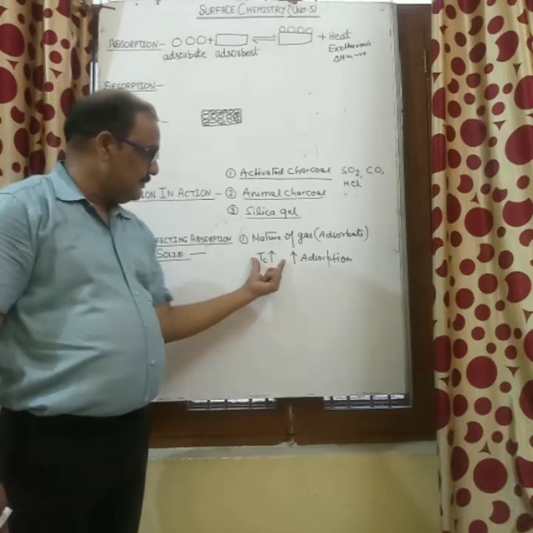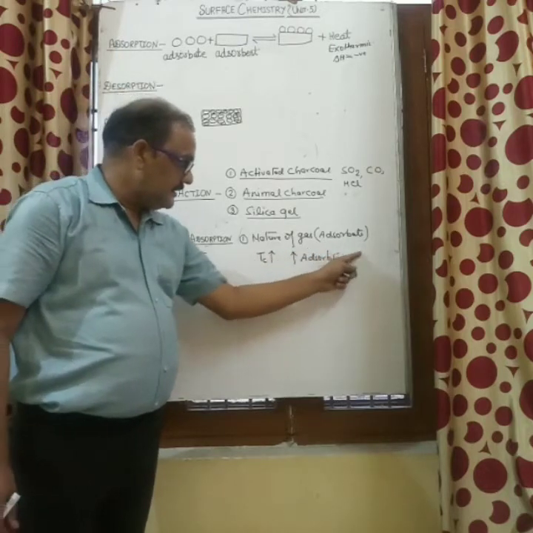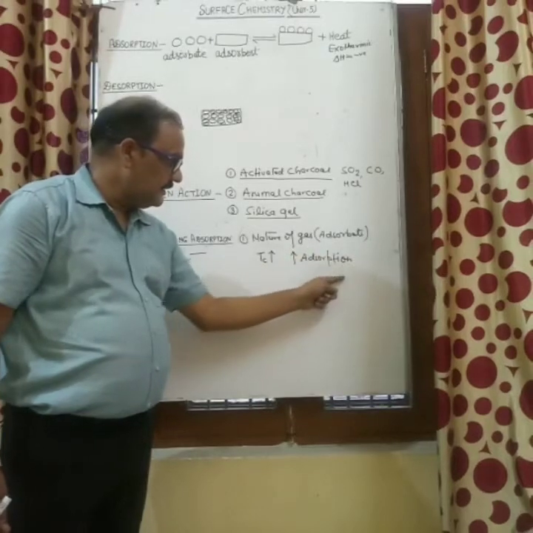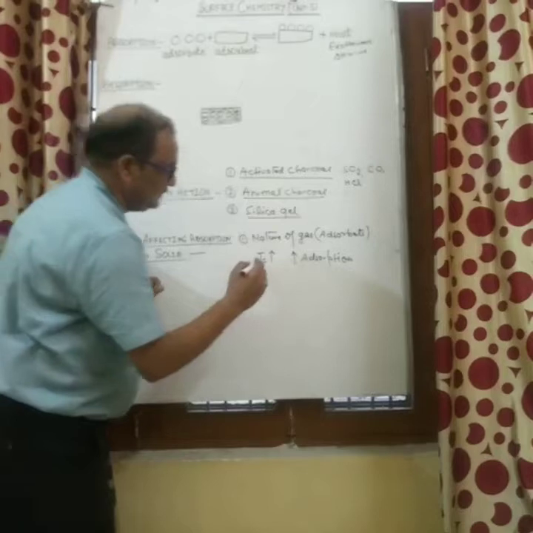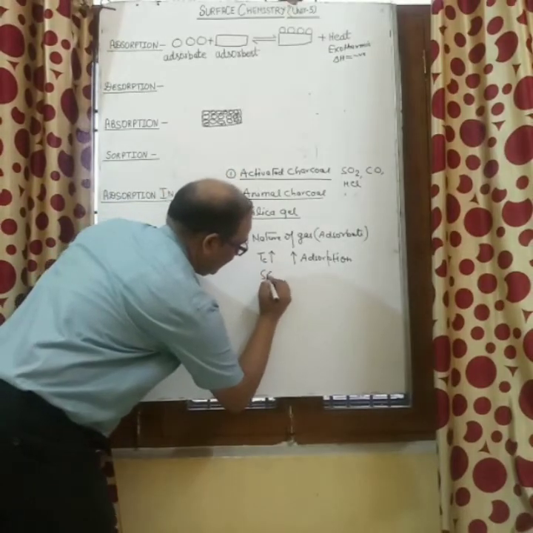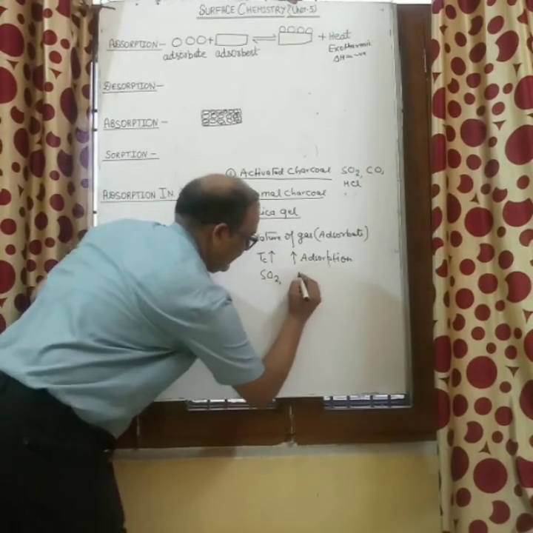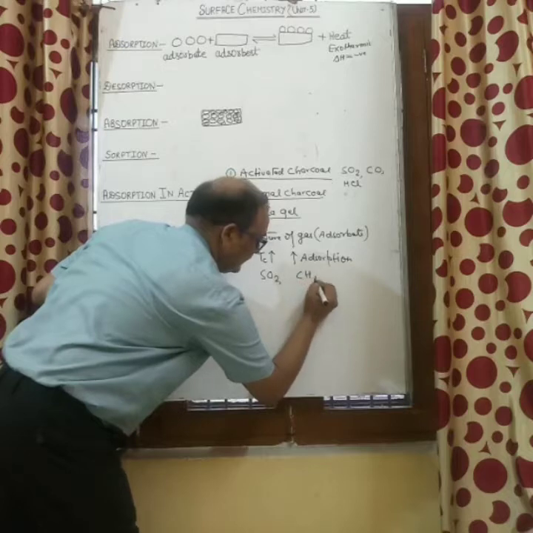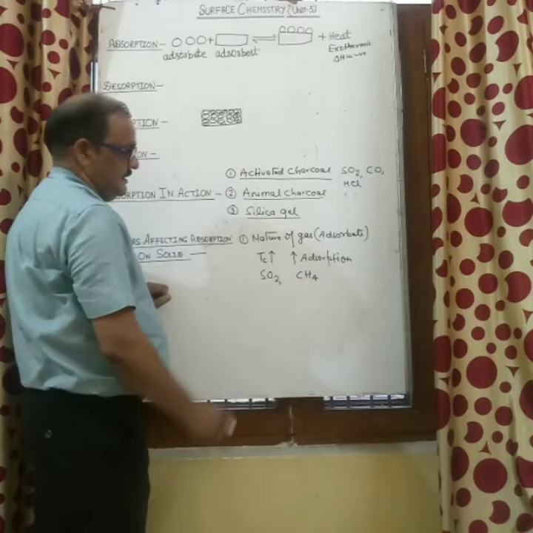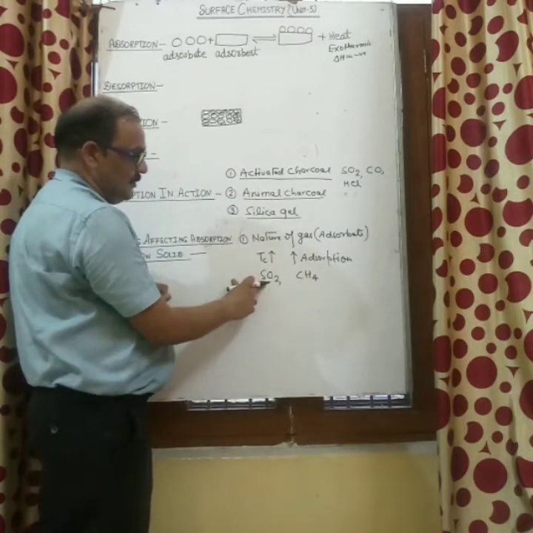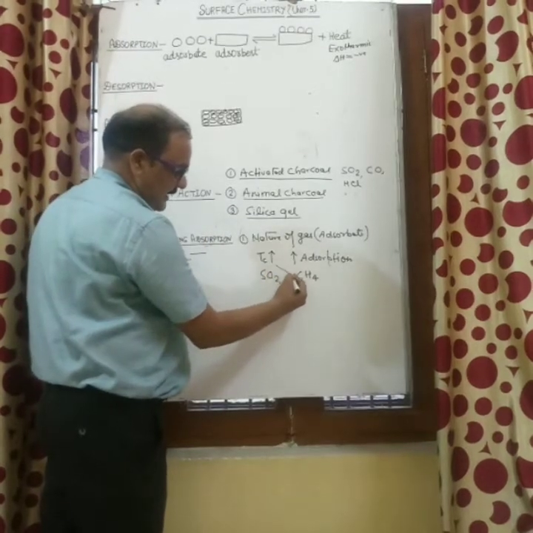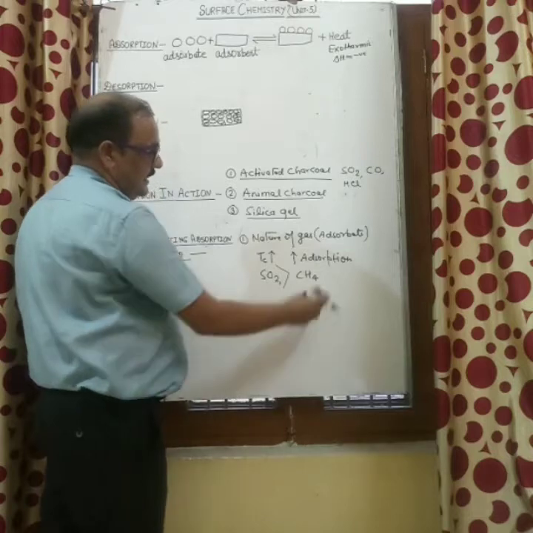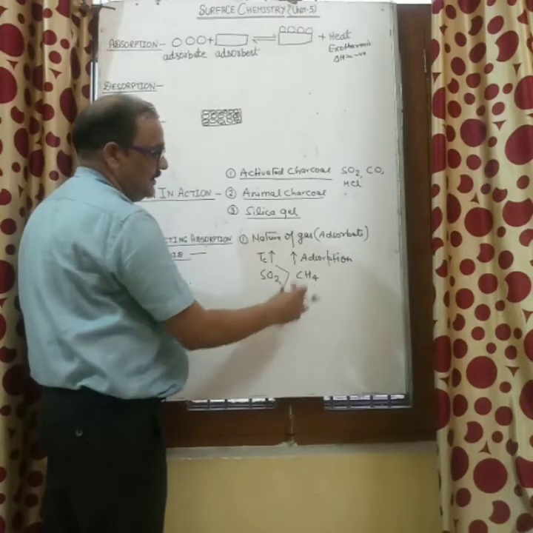For example, sulfur dioxide and methane are two gases. The critical temperature of sulfur dioxide is greater than that of methane.